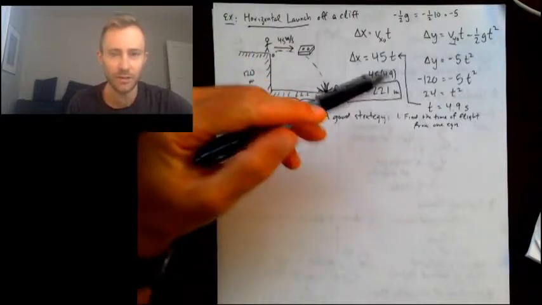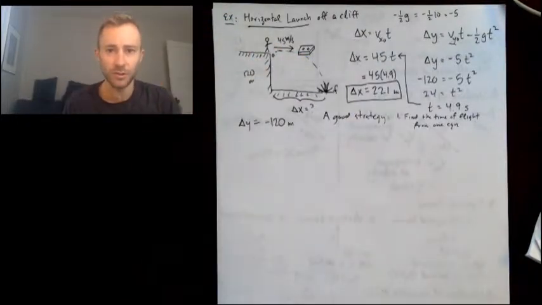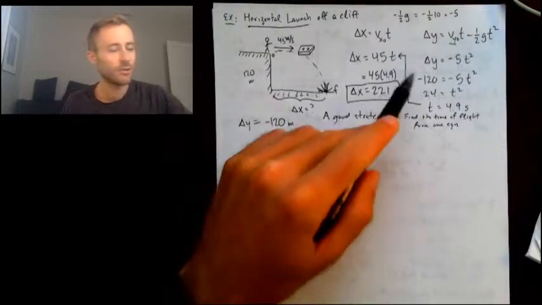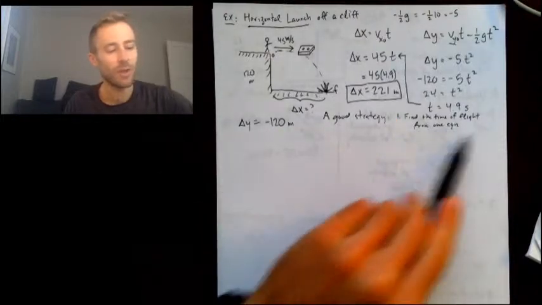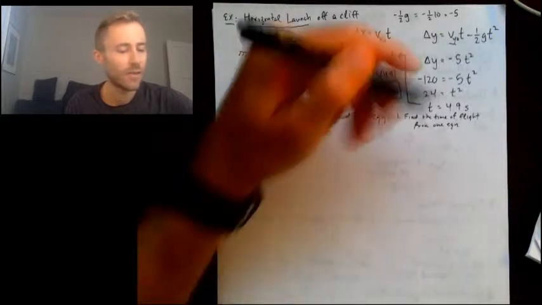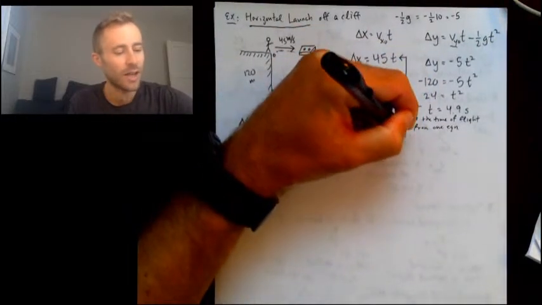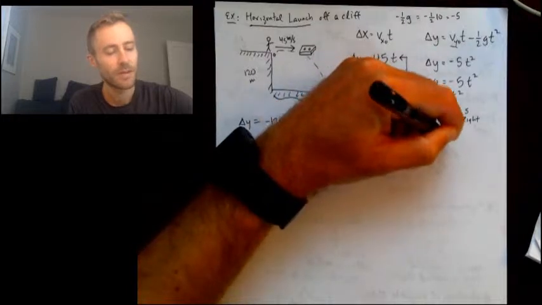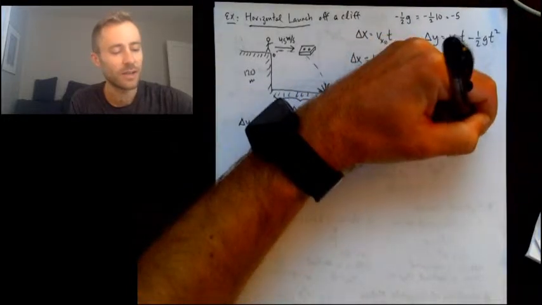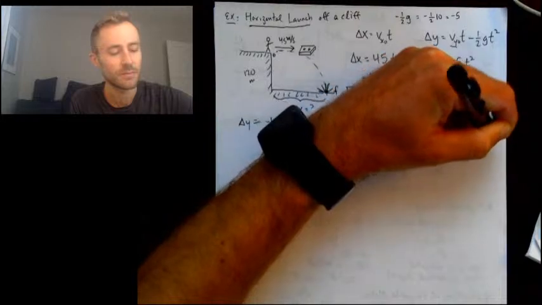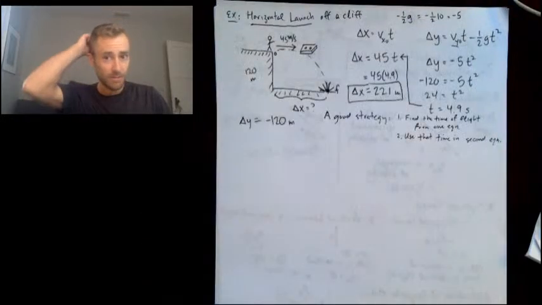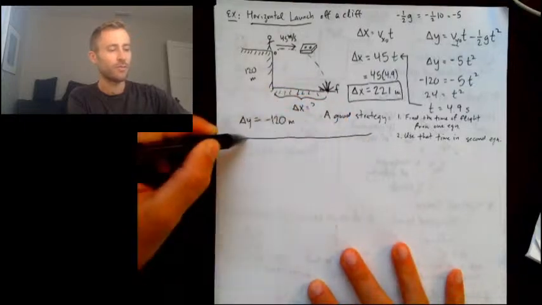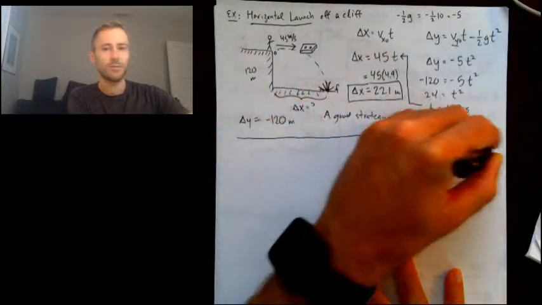In this case, because of the way the problem was described, delta y is negative 120 meters, so we had to use the delta y equation. Find the time of flight from one of the equations, and then we use that time in the second equation. Okay? So that's, generally speaking, a pretty good way to solve projectile motion problems.